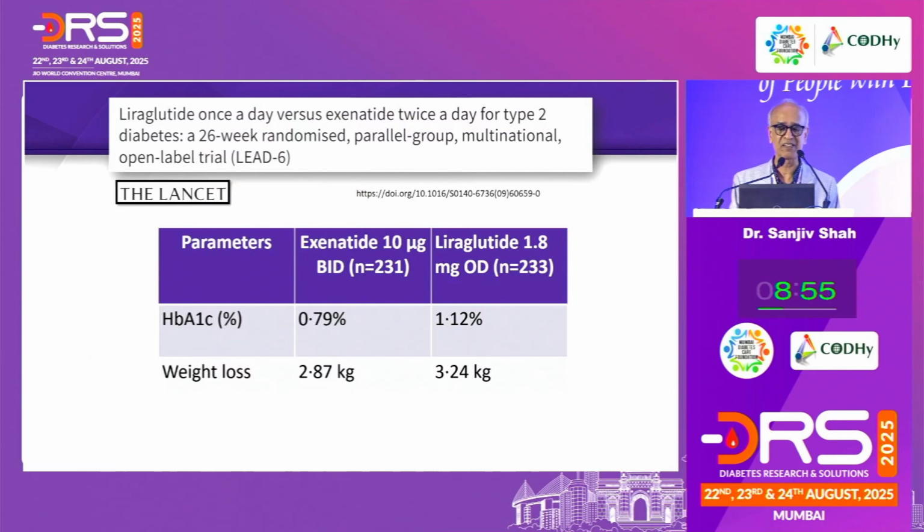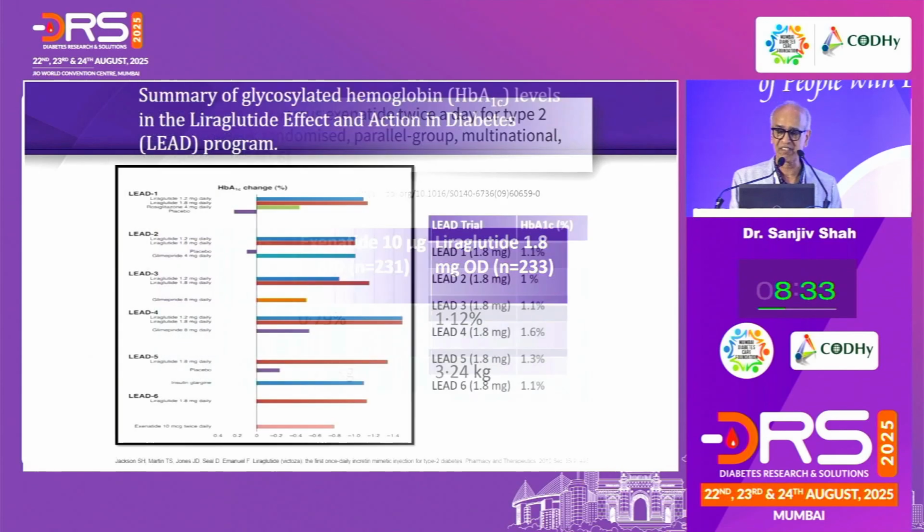This is the LEAD 6 study, which looked at a comparison of the first two GLP-1RAs, exenatide versus liraglutide. Exenatide ideally should have been given 3 times as an injectable, and so it did not perform so well against liraglutide. So this is close to 3 kg weight loss at the highest dose of liraglutide, and an A1C reduction.